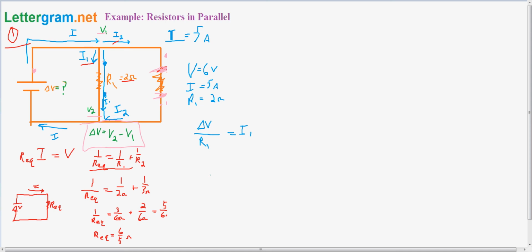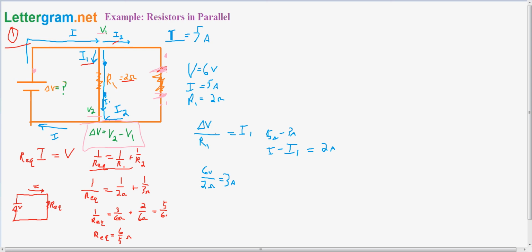So that'll give us 6 volts divided by 2 ohms, and that'll equal 3 amps. To get I2, we could just take I minus I1, and that will equal 5 amps minus 3 amps, which is 2 amps.